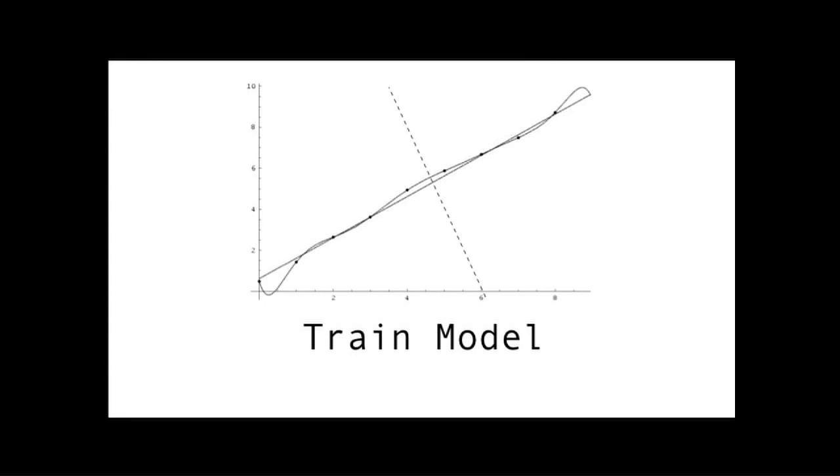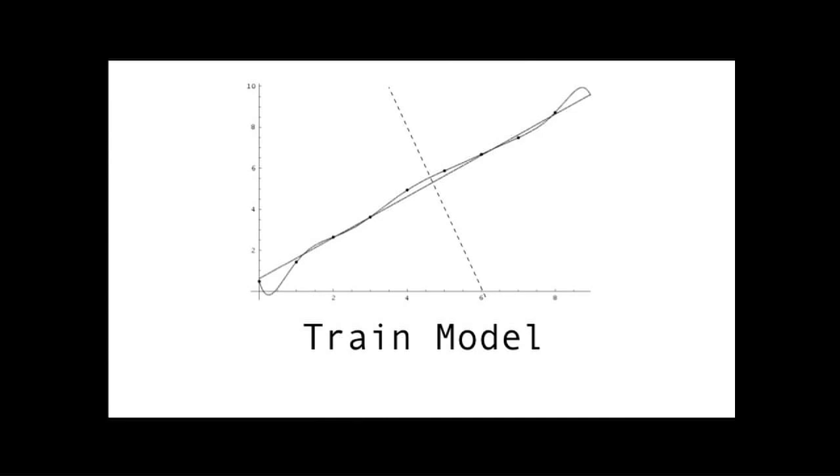If this is my model here, this is a terrible model. The cost of that is essentially infinite. The cost of this model on the training data that zigzags is 0, and we said earlier that that's probably not a good model, and the way I detect that is by using cross-validation data.